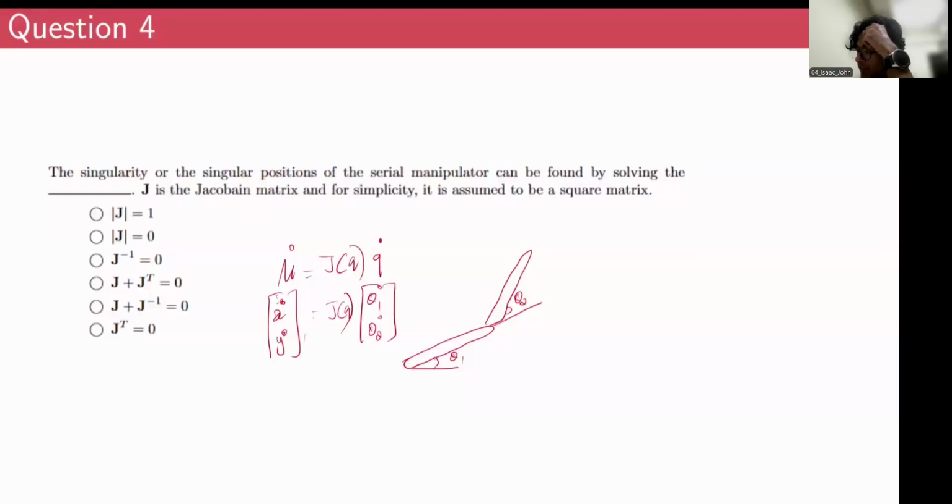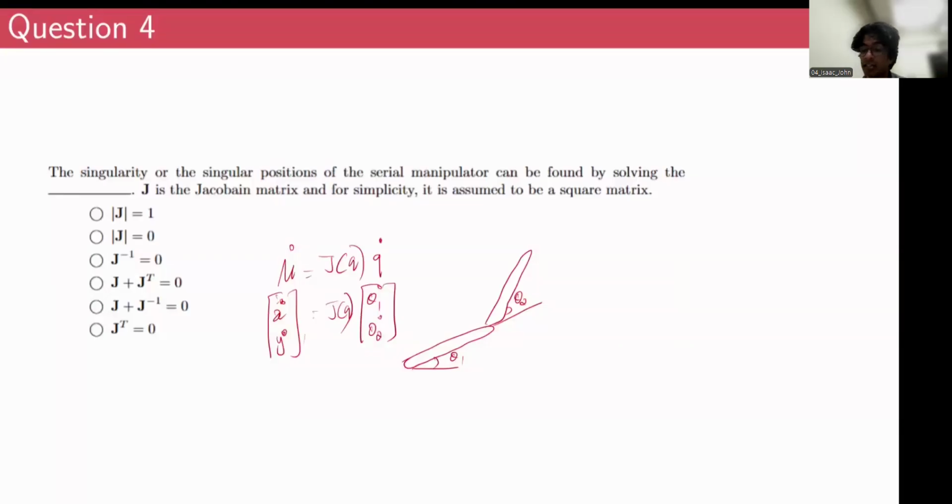So x dot corresponds to the velocity along the x direction, y dot corresponds to the velocity in the y direction. And typically, these two equations are linearly independent. But when a singularity occurs, these two equations become dependent. One of the velocities loses its dependence.